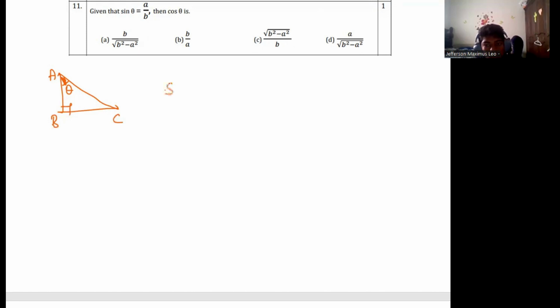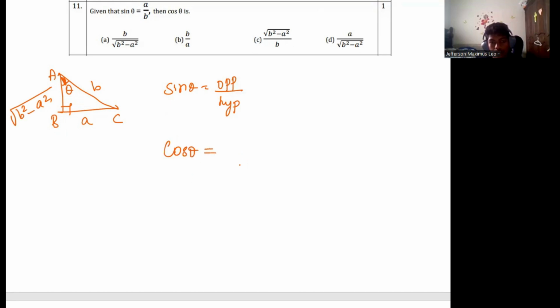Sine theta is, you know, opposite by hypotenuse. Correct. So sine theta opposite here, hypotenuse B. So we need cos theta, just to find the adjacent side also. So hypotenuse square minus known side square, B square minus A square. Now write the formula for cos theta.